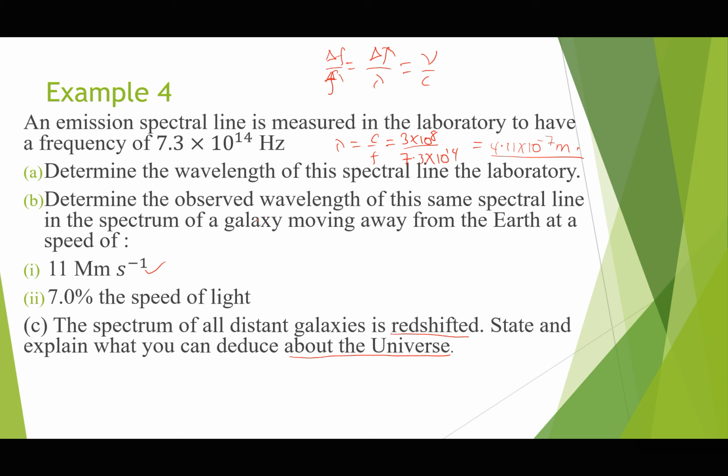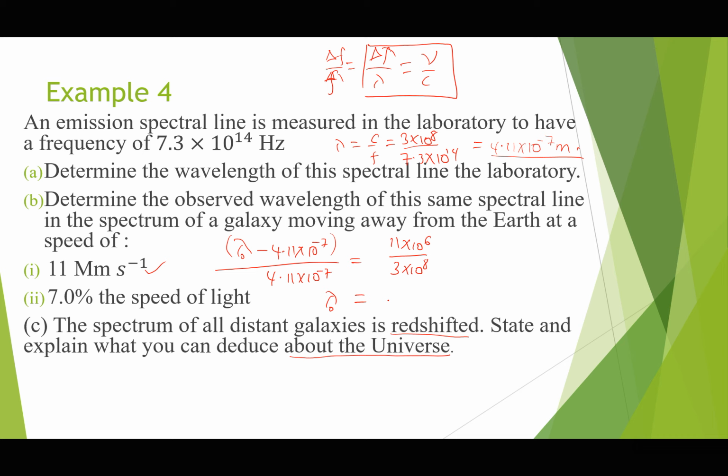So from this equation here, we know that the observed wavelength, lambda observed, minus the wavelength in the laboratory, 4.11 times 10 to the power of minus 7, divided by 4.11 times 10 to the power of minus 7, should be equal to v over c, where v is 11 times 10 to the power of 6 divided by 3 times 10 to the power of 8. So I'm just going to press my calculator to find lambda observed.